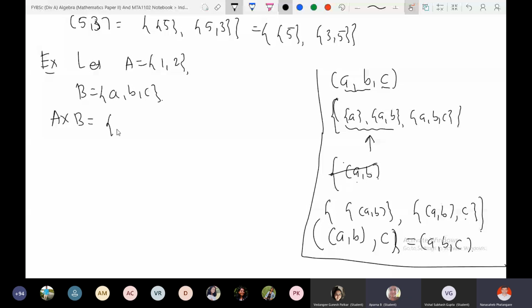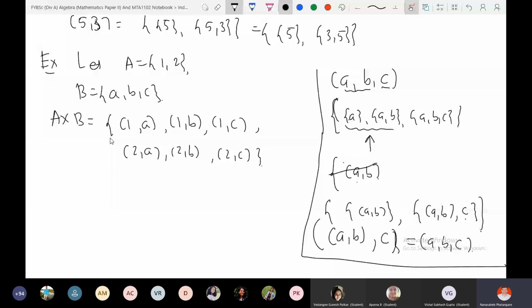It is a collection of ordered pairs, so the first component must come from A. (1, A), (1, B), (1, C), then (2, A), (2, B), (2, C). Very good, these are the elements in A cross B.